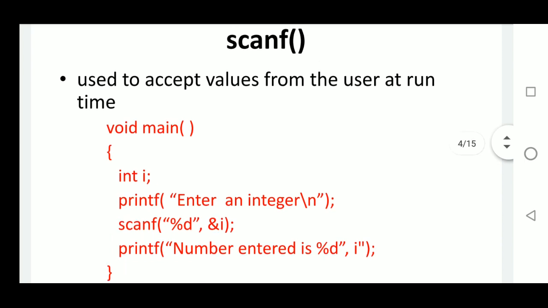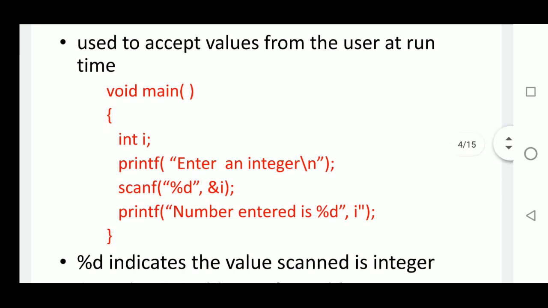Now we are going to see the function of the scanf statement. scanf is used to accept values from the user at runtime. Here a small script is given. The void main function is given. int i: we define a variable whose name is i. printf, enter an integer: here we are printing a statement on the output screen, that is, enter an integer. So when the program is executed, it will display the message enter an integer.